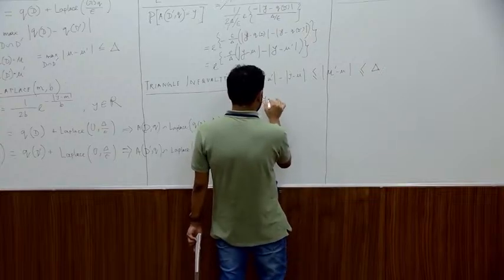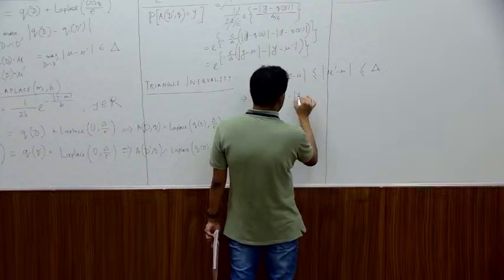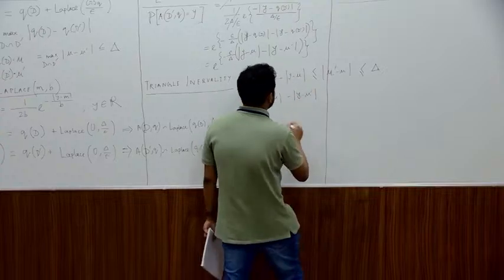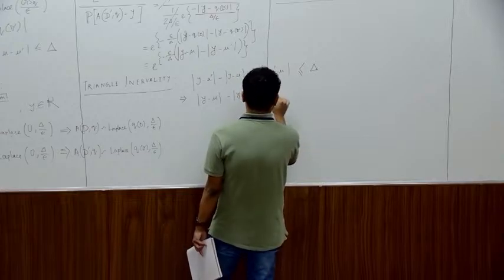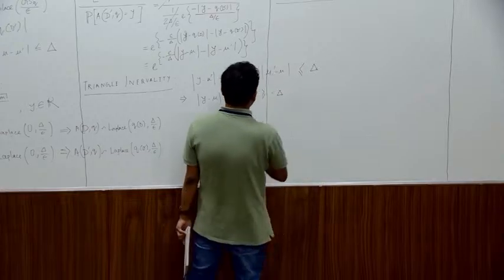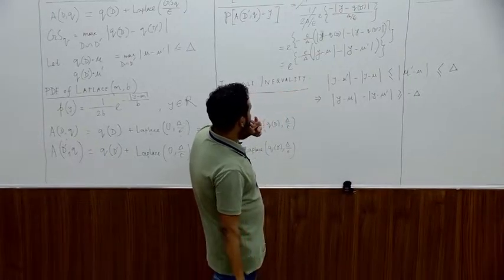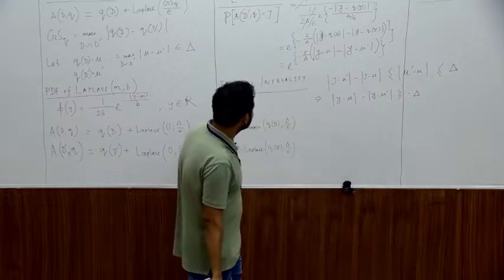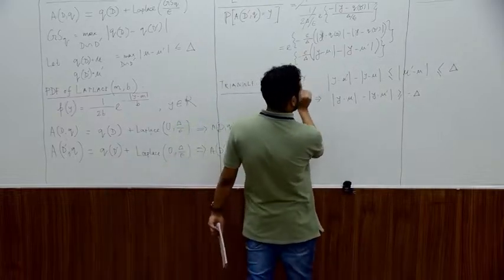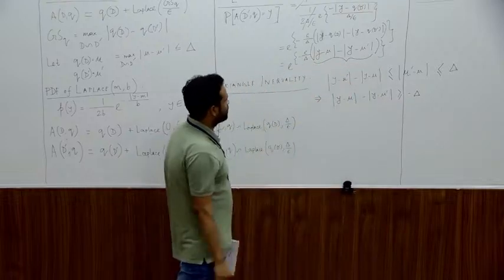We'll have y minus mu minus y minus mu dashed greater than or equal to minus delta. So we have bounded this quantity as greater than or equal to minus delta.